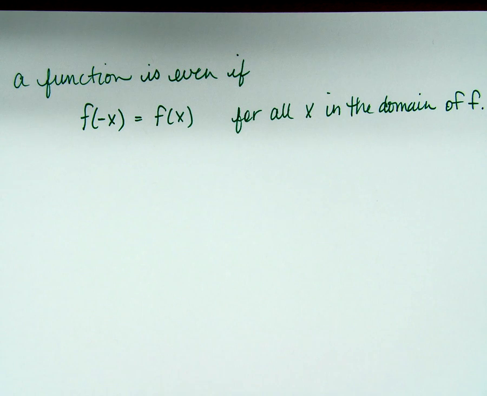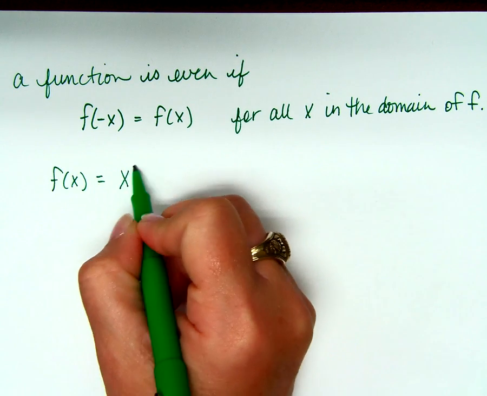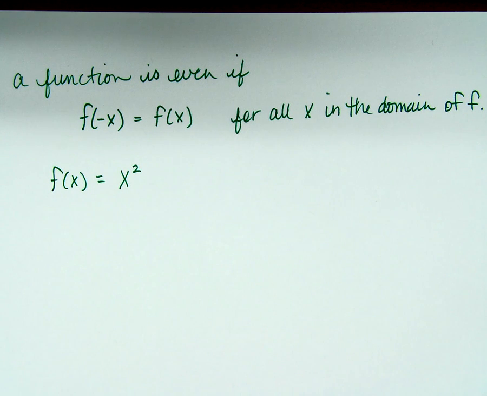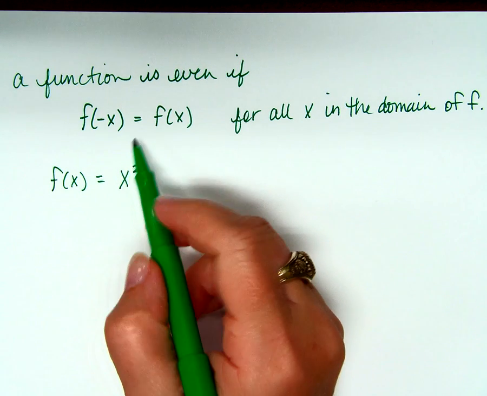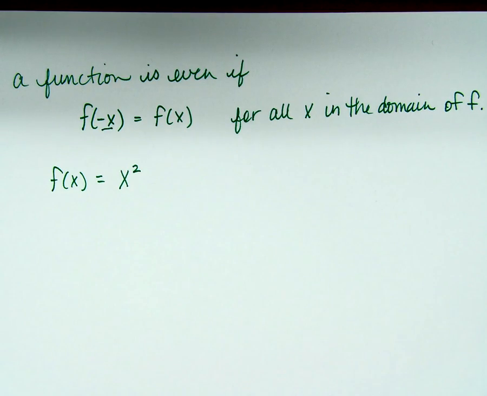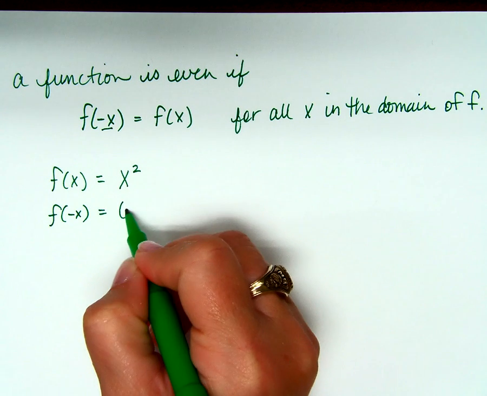For instance, let's talk about the parent function for quadratic. To decide if this is an even function or not, anywhere there's an x, I'm going to put in a negative x. So I'm going to say f of negative x. Anywhere there's an x, I put in a negative x.